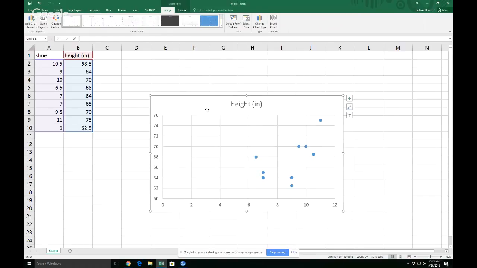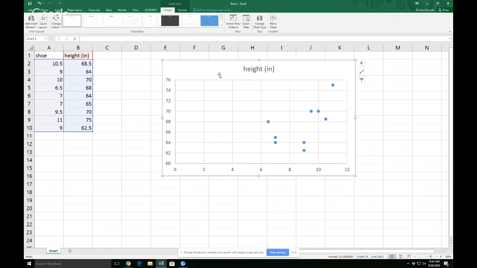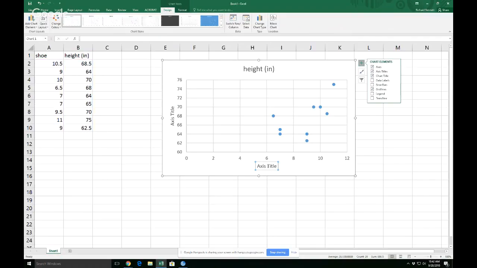What do you think of that graph? Is it a good graph or a bad graph? We don't have any axis titles. It's a bad graph because it's not labeled. So how do I put axis titles on it? Click on the green plus sign and add some axis titles. What goes down here?